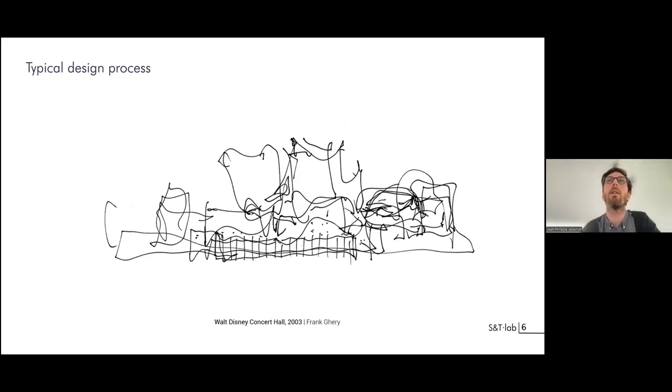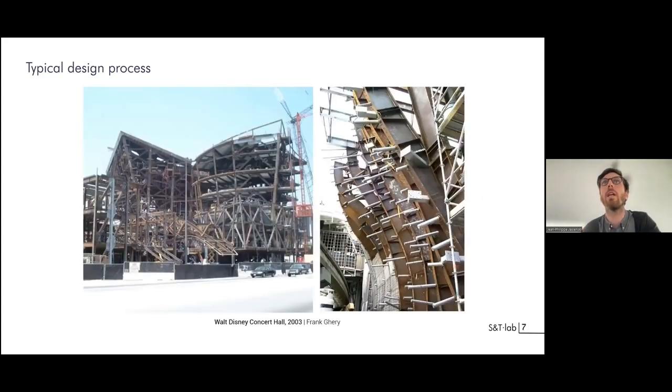But you come with a maybe a bit crazy or innovative idea, and then you have to convert that idea into a building. When you look at how much structure you need and which kind of details you need, that's something you can question.